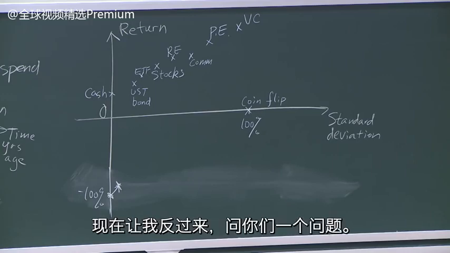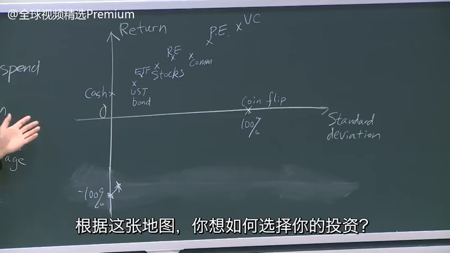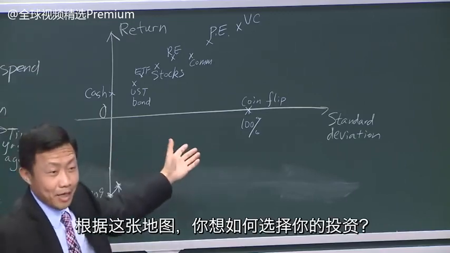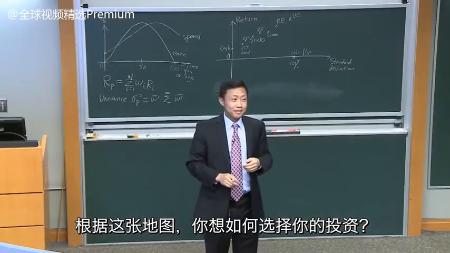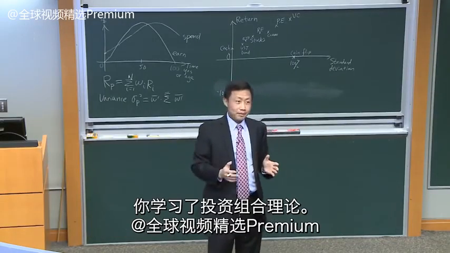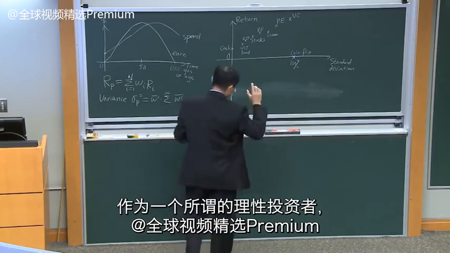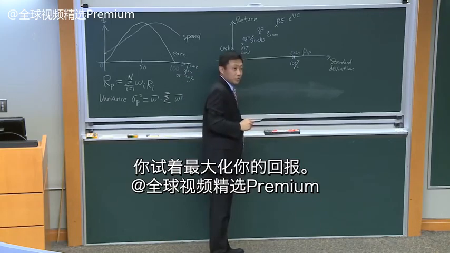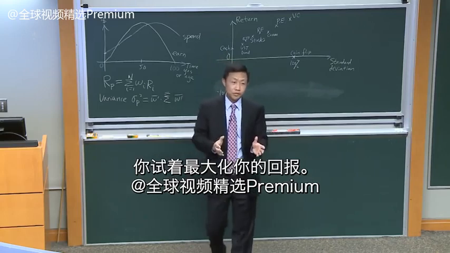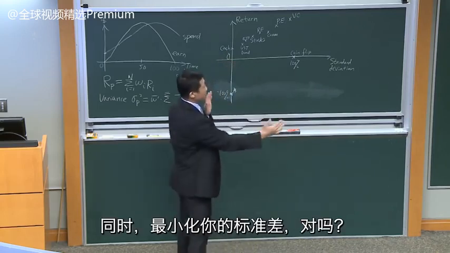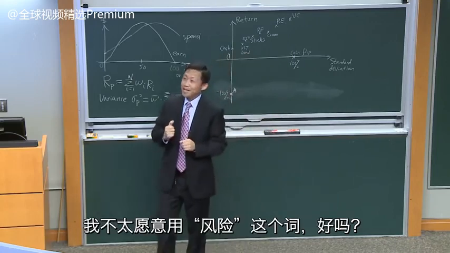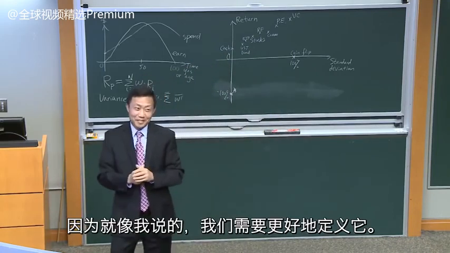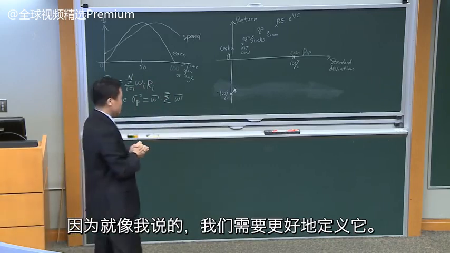Now let me turn the table around and ask you a question. Given this map, how would you like to pick your investments? You learned about the portfolio theory. As a so-called rational investor, you try to maximize your return, at the same time minimize your standard deviation. I hesitate to use the term risk, because as I said, we need to better define it.